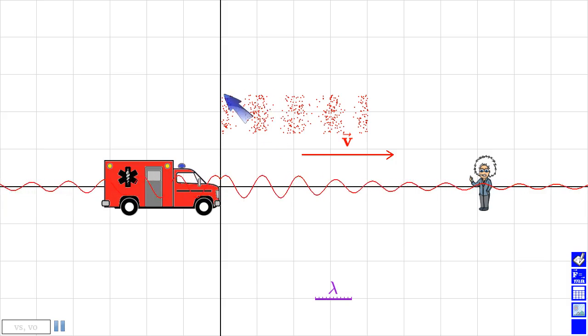So why have I got an animation of a transverse wave to illustrate sound waves which are actually longitudinal? Well, it's primarily because transverse waves are easier to visualize and to graph than longitudinal waves. Let me just pause the wave for an instant. Think of this animated wave as illustrating not the motion of the air molecules, but the density or the pressure of the air.